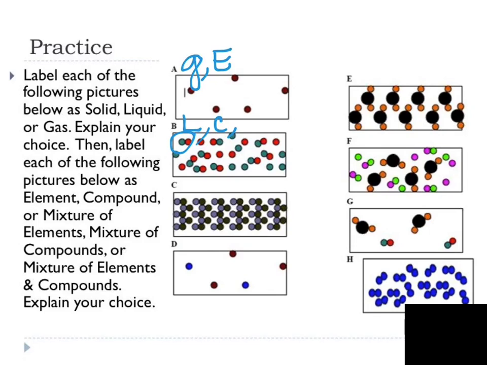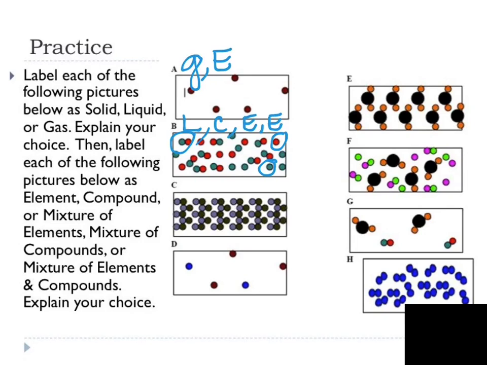When we talk about compounds, we're not going to talk about heterogeneous or homogeneous compounds. When we talk about heterogeneous or homogeneous, it's always within a mixture. So we have a compound. We have a red ball here, which is an element, and then we have a red ball out here, which is another element.